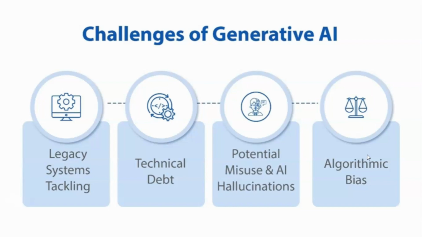Generative AI can be misused to create something which is not acceptable. And AI hallucinations: you might have an imagination that AI is better than you. Sometimes it might not be. This is a hallucination, that AI is always better than humans. No, it might not be. Then algorithm bias: sometimes the algorithms might not work exactly as we assume them to. So these are a few of the challenges that we have.